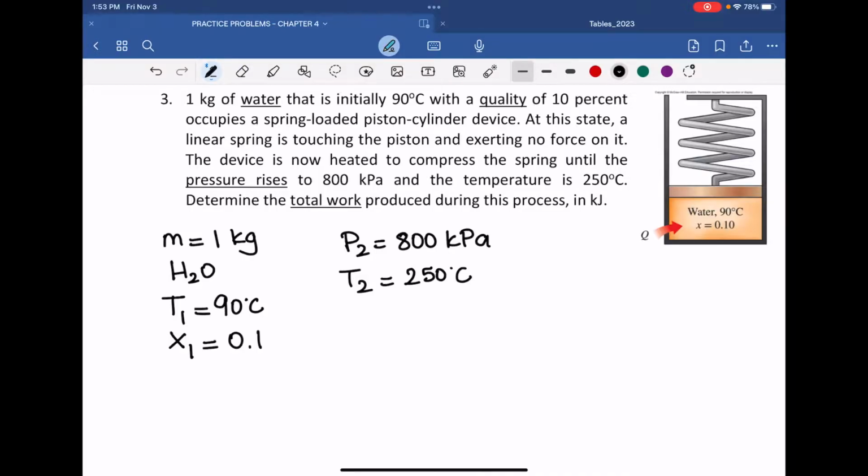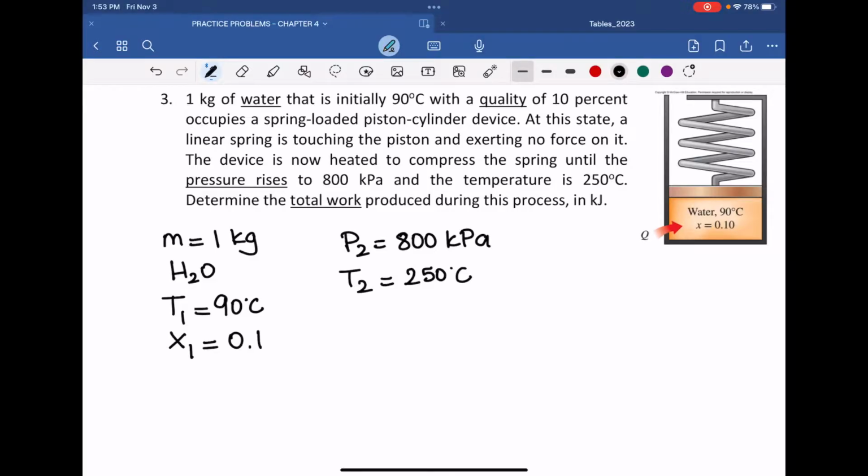Now, to sketch the PV diagram, I need to know the pressures at first and second state, and I need to know the volumes at first and second state. And how can we do that? Of course, we need to look at the tables. So when we analyze state 1, we are given that we have a mixture. It has a certain quality and temperature.